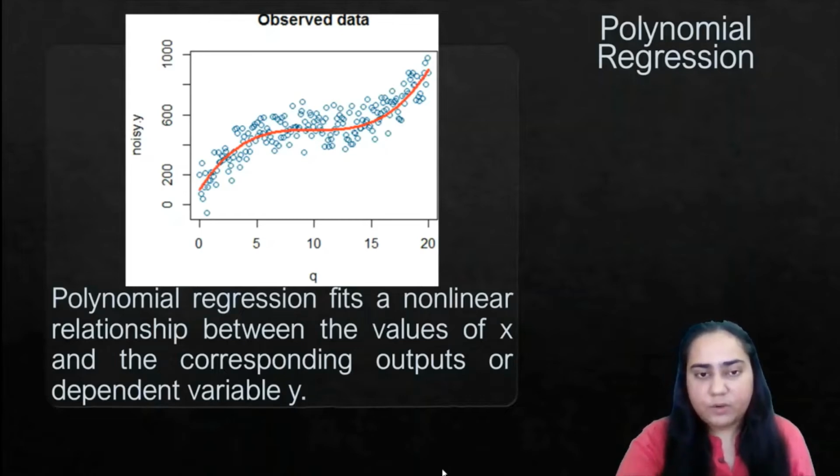So when your x and y look like this, the blue circles that you see here, then it seems fitting to create a curved non-linear relationship instead of creating a straight line, which is a simple linear regression. So this is where you would want to use polynomial regression, and that's what we're going to do in this unit.